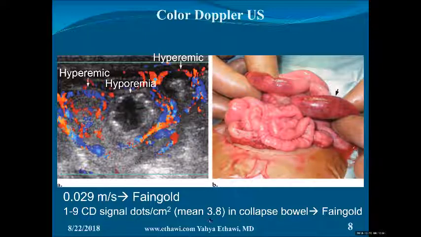The mean of the number is 3.8, so the mean is between 3 and 8 for normal, but down to 1 and up to 9 is also considered normal. More than 9, he considered hyperemic, and less than 1 he considered hypoemic.